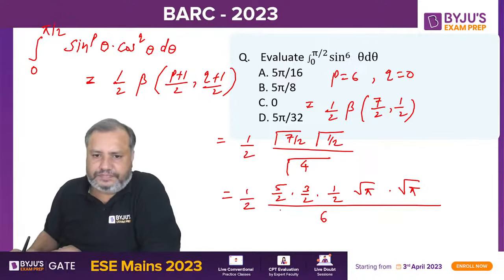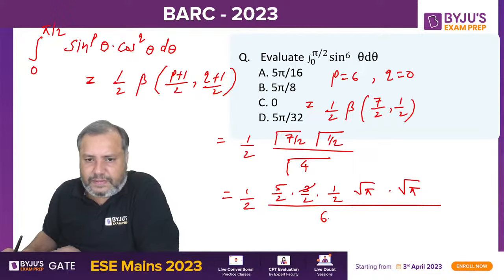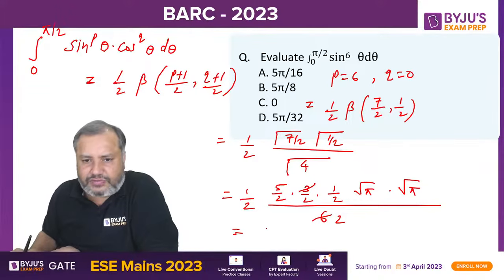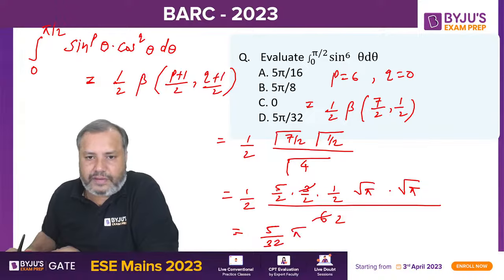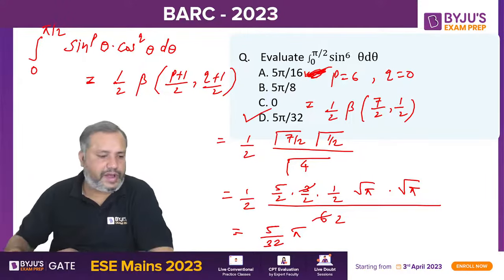Now see it. So how many 2s are there? 1, 2, 3, 4, 5. So 5 by 32, divided by 6, that is 5 by 32.